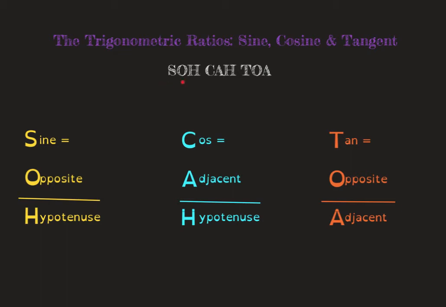So the SOH stands for sine is equal to opposite over the hypotenuse. CAH stands for cos is equal to adjacent over the hypotenuse, and TOA stands for tan is equal to opposite over adjacent.